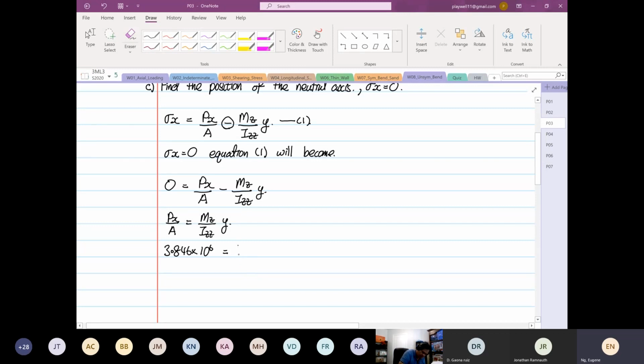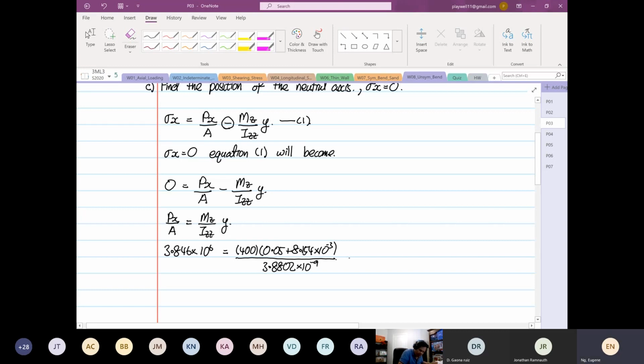So this is equal to 400 multiplied by 0.05 plus 8.154, then divided by 3.8802 times 10 to the power minus 9.